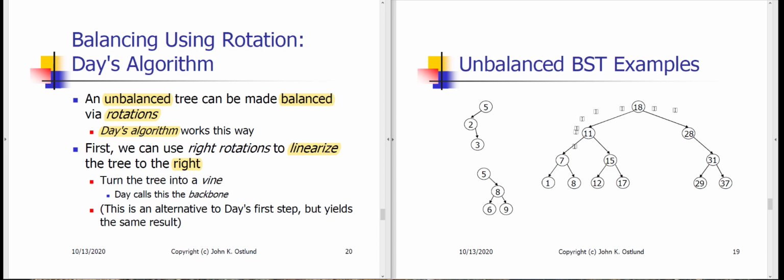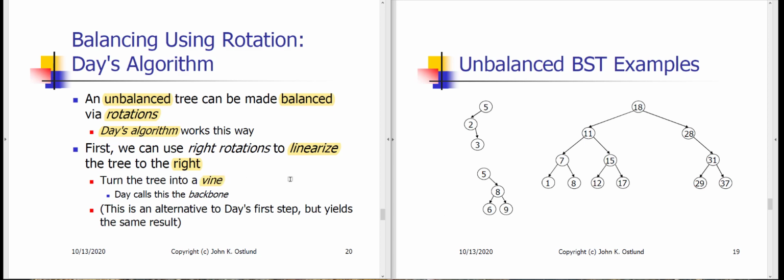Or if we had this bigger tree here, we're going to linearize that into 1 at the top with 7 to its right, with 8 to the right of the 7, 11 to the right of the 8, 12 to the right of the 11, 15 to the right of the 12, and so on. So we turn this thing into essentially a list of nodes all down the right-hand side.